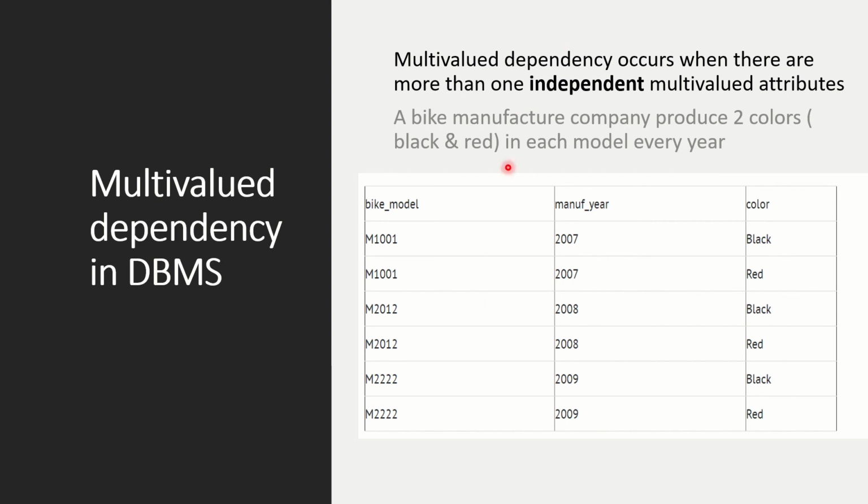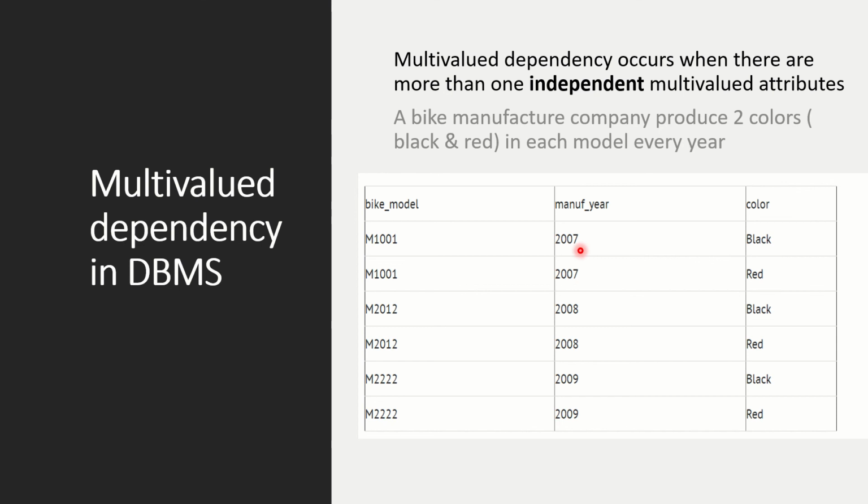This is the table of a particular bike manufacturer company, and here there are three attributes. The first one is the bike model, the next one is the manufacture year, and the third one is the color of the bike. If you check the entire table, it is clear that each year the manufacturing company is making two colors of bike, one black and one red.